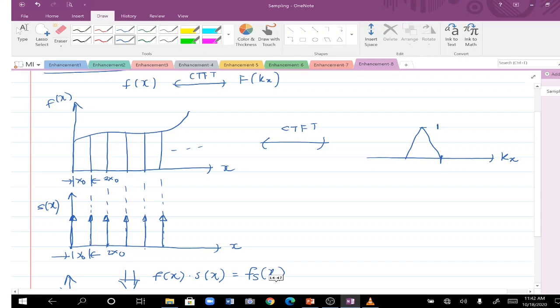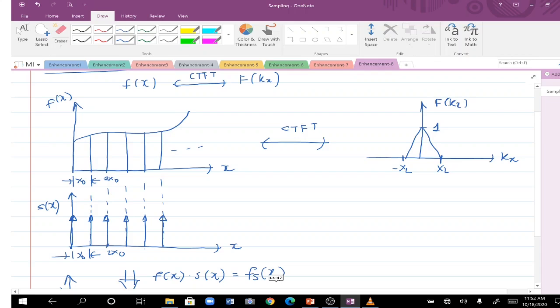For the sake of simplicity, you consider the magnitude to be 1, though of course you could consider anything there, and here let's call this xl, the maximum value. Also assume that this is symmetric. This is capital F of kx.